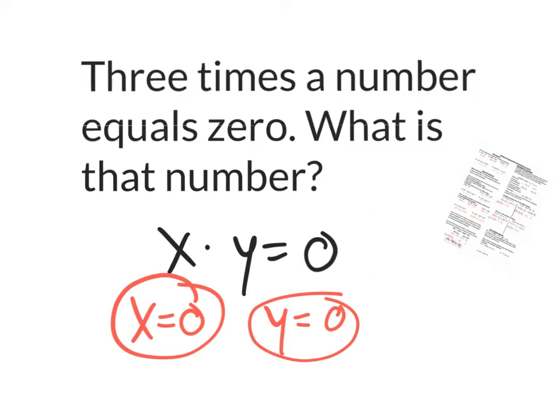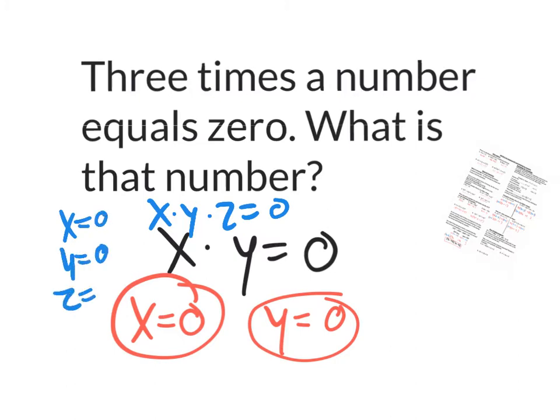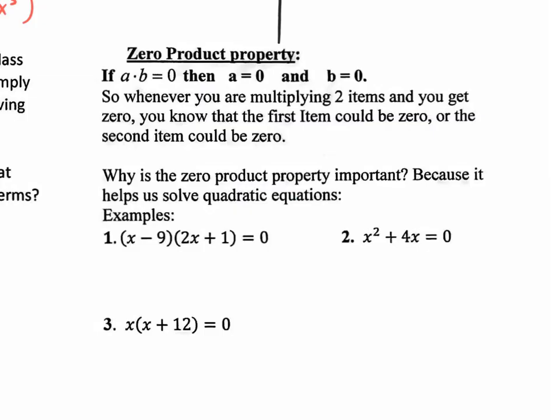So now that we understand that, even if I had x times y times z equals 0, then you could say, oh, x could be 0, y could be 0, z could be 0, right? And this is all actually the zero product property. So jumping back to our handout, that's what it explains right here. If a number times another number is 0, then that first number could be 0 and the second number could also be 0.